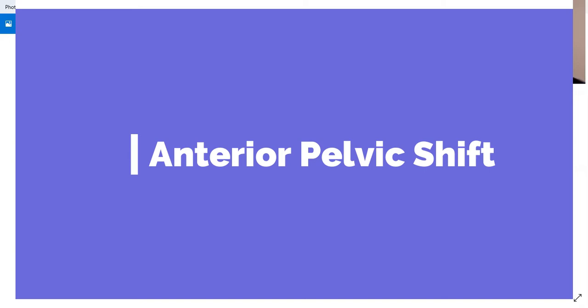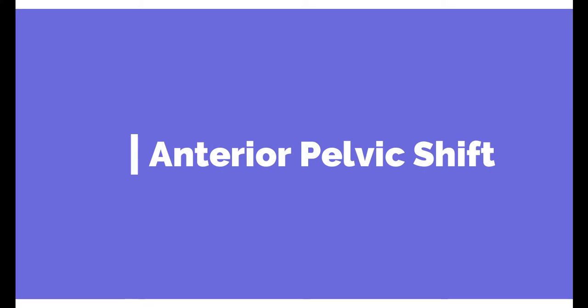So now we are gonna migrate into anterior pelvic tilt. So if you can take a look at me again. We spoke about your pelvis and knees position, right? You can fall into this, or you can fall into this, and you can have hyperextended knees or not. Now, there is something called anterior pelvic shift.